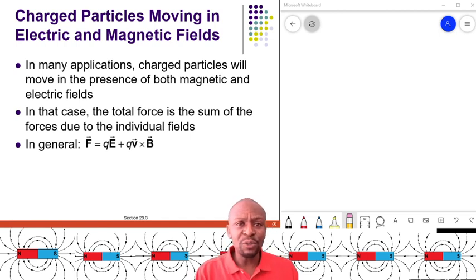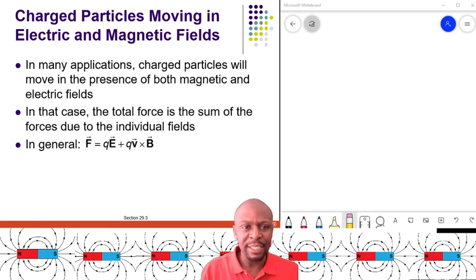Now, let us also talk about charged particles moving in electric and magnetic fields. Remember for the first part of this, I only told you to assume that these charged particles are experiencing only the magnetic field. But in real life, they will also be experiencing the electric field.